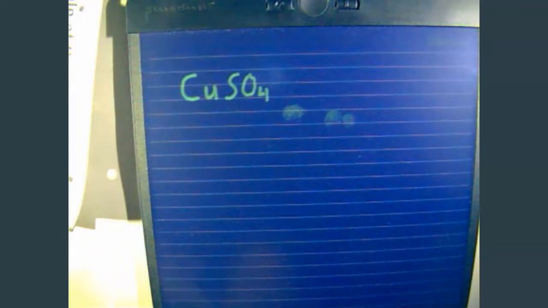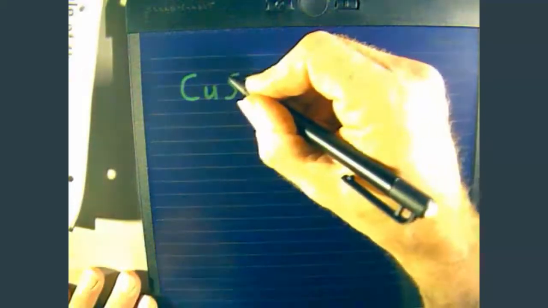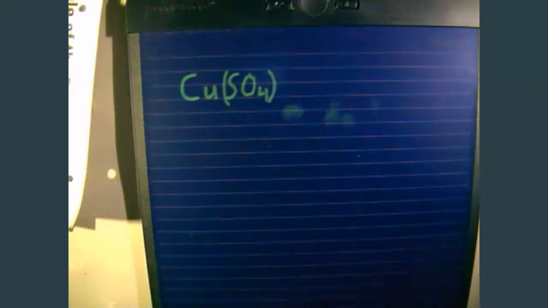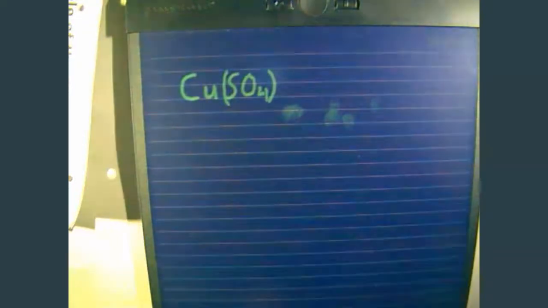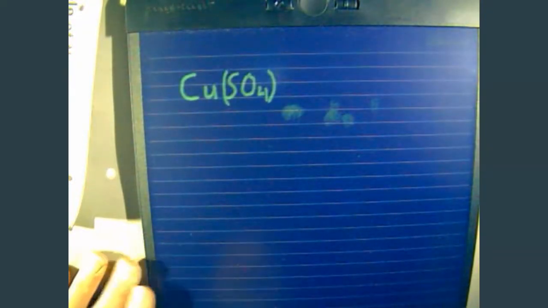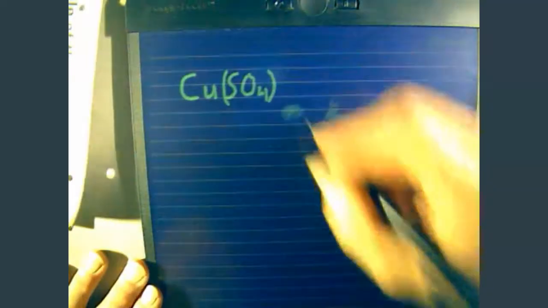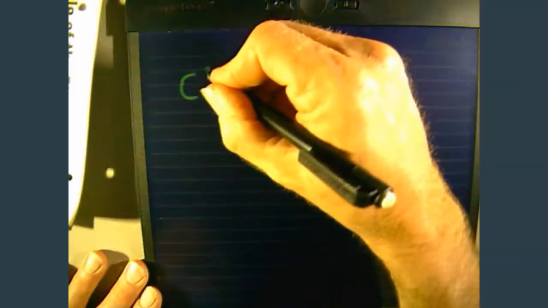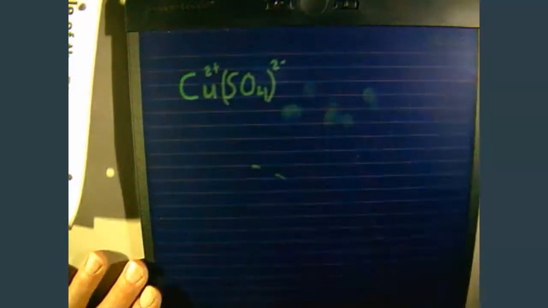You have to look at the anion to figure out the charge of the cation. So this is not a binary compound if you are following along the flowcharts in your book. It is a polyatomic ion. So you look on your polyatomic ion sheet and you'll see SO4 is called sulfate, and it has a 2- charge. Well, down here we only have 1 copper, therefore this copper must be 2 positive.